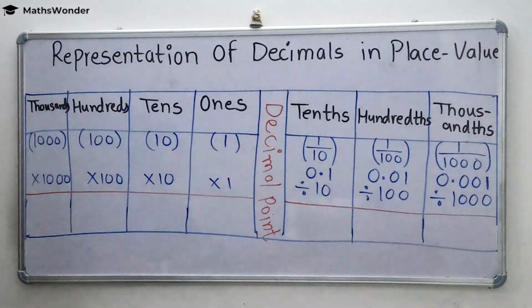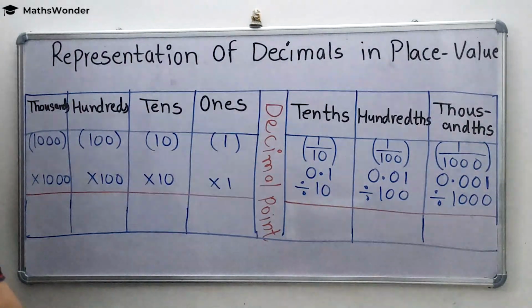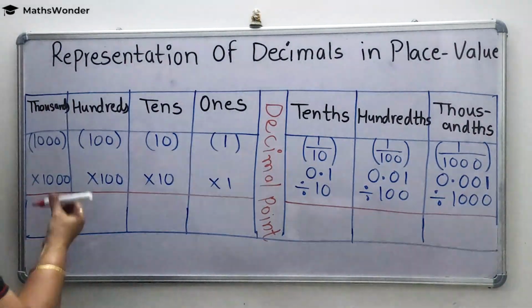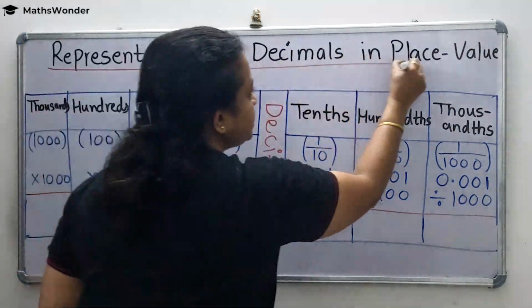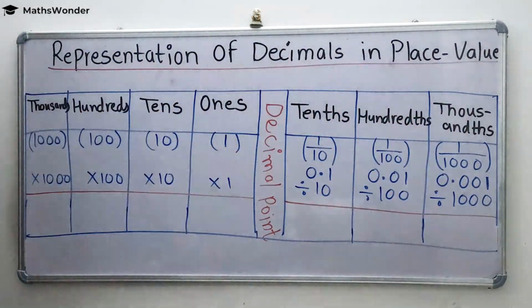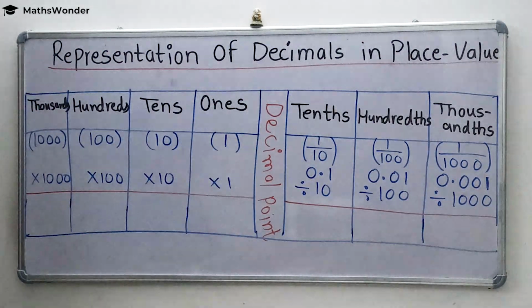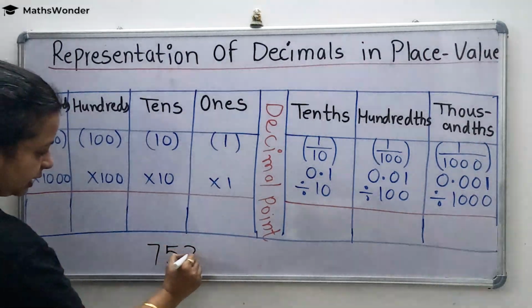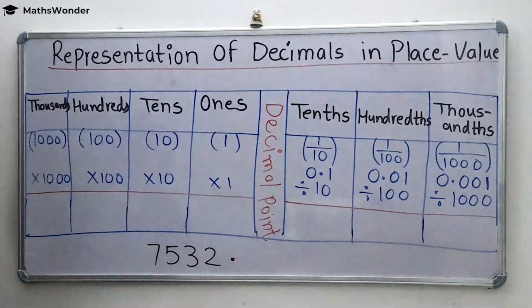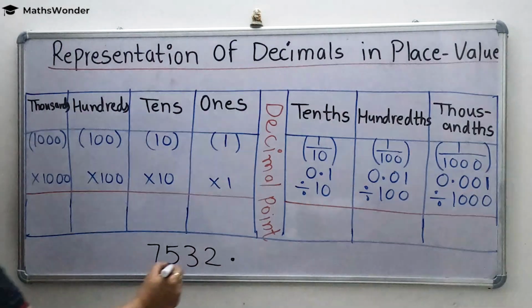Now, this is the representation of decimals in place value. Now we'll try to understand each and every part of the decimals. What is the place value? Suppose I am taking the same example which I explained, 7532.812.